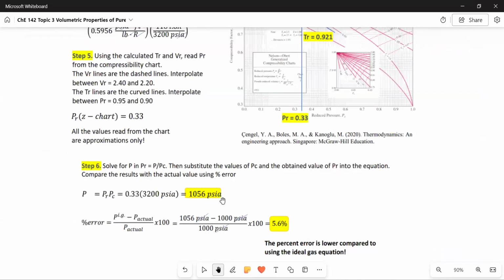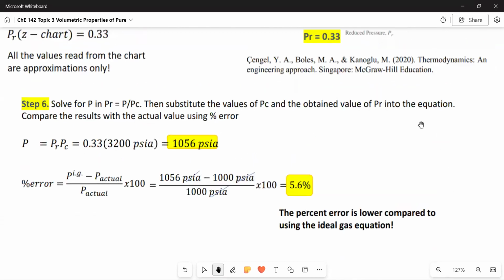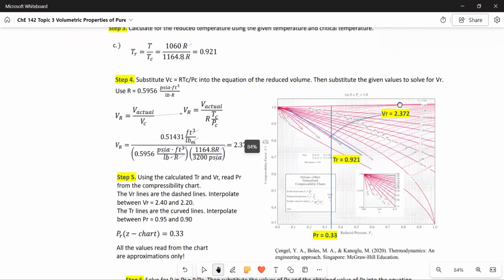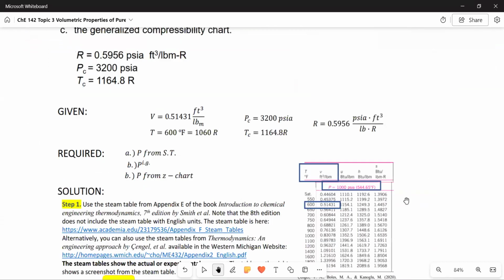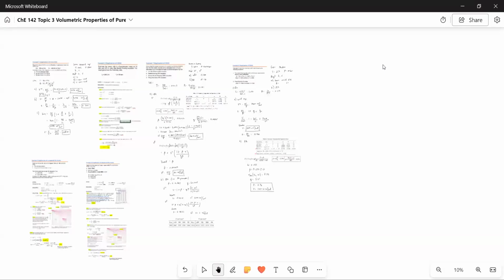And obviously, that's expected because the compressibility chart will give you the real properties. Okay. And that ends example 10. At this point, I will stop the video and we'll just continue in the next one.